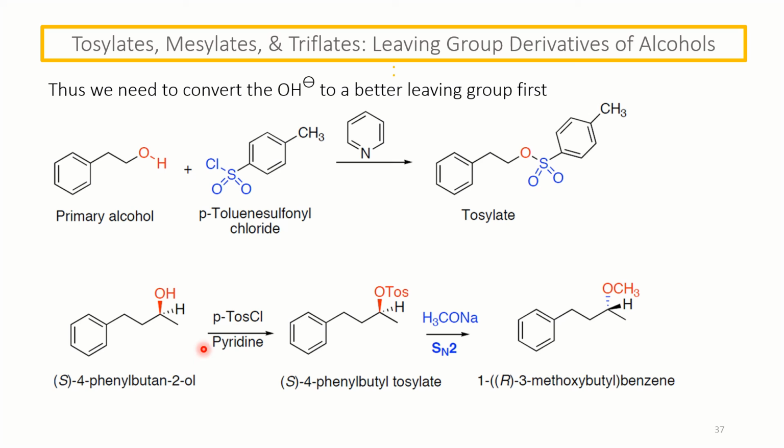Note that when we react with tosylate, we retain the stereogenic center, but when the substitution does occur, it occurs via SN2, and so there is inversion of that configuration.